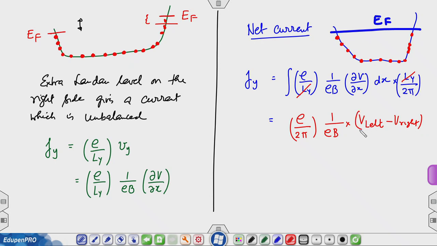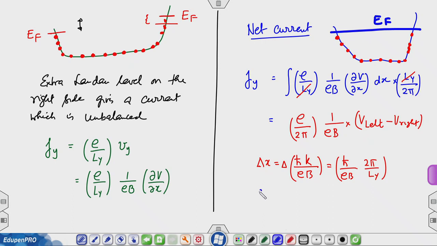Remember, V here denotes the energy, and this distance delta x was h cross delta k over Eb, which will be h cross over Eb, where delta k is 2 pi over Ly.